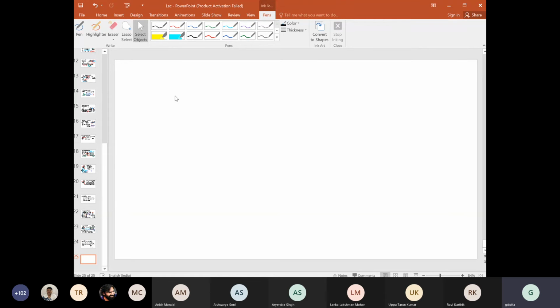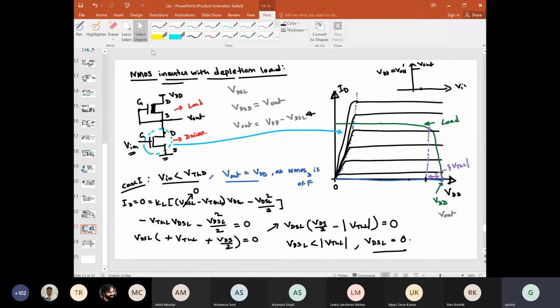Okay. Now case 3. But before we go to case 3, we should understand when case 3 will happen. Case 3 will happen when this Vout will cross this value, or Vout will be beyond this point, meaning lower than this point.